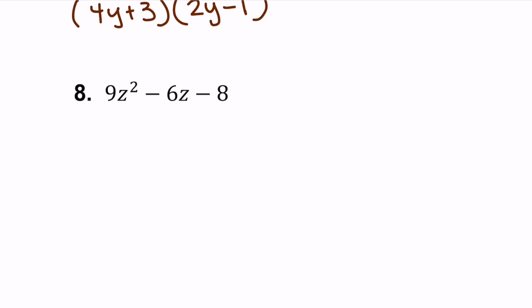We are going to take our first number and last number and multiply those together. 9 times 8 is 72, so I have a negative 8, so it's negative 72. I'm looking for two numbers that add to be negative 6. Now, since this is a negative 72, we have two numbers, one positive, one negative. And because this is a negative number here, the bigger number is going to be negative.